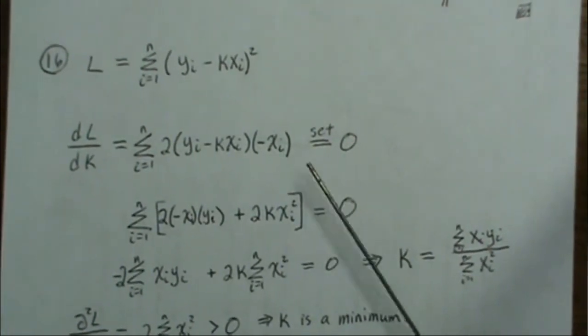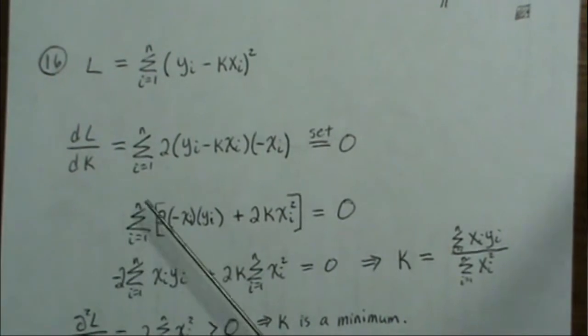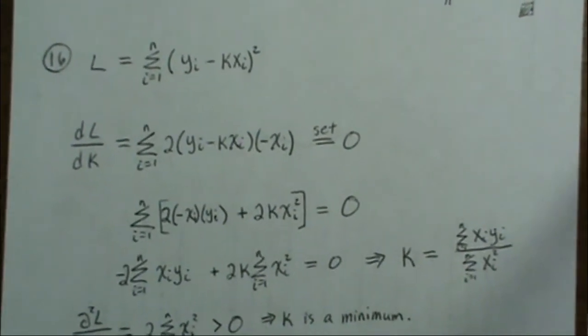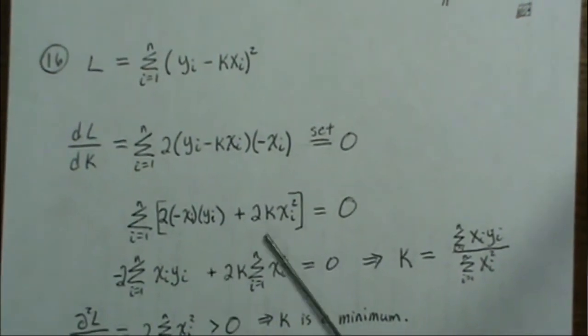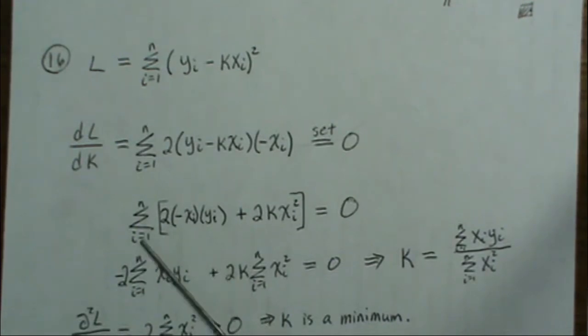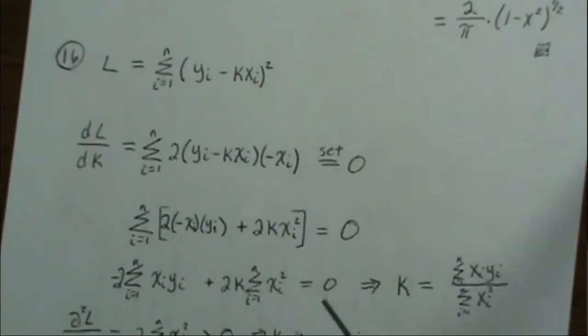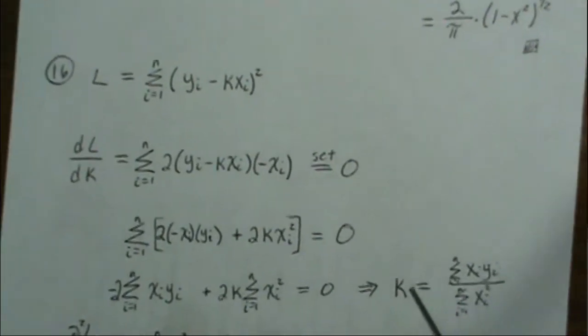Set it equal to 0, and now we need to solve. We multiply the xi in, and we get this. Now we distribute the sum in, and we get the sum of xi. Remember, we've set it equal to 0.